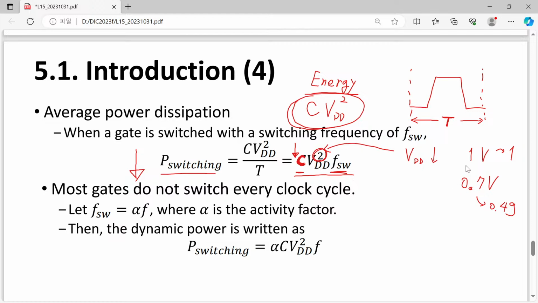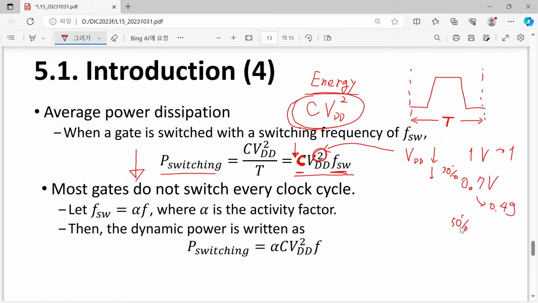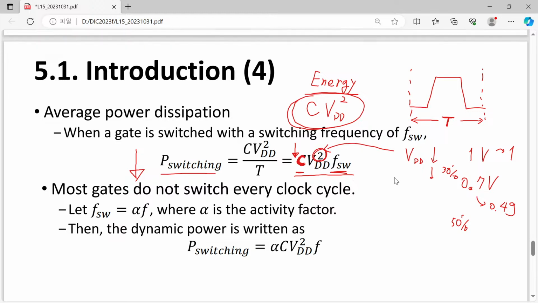So by reducing our VDD about 30%, that will give us a 50% reduction of our power consumption. Are you all with me? This is the reason why we want to reduce the VDD in the case of a low power system.